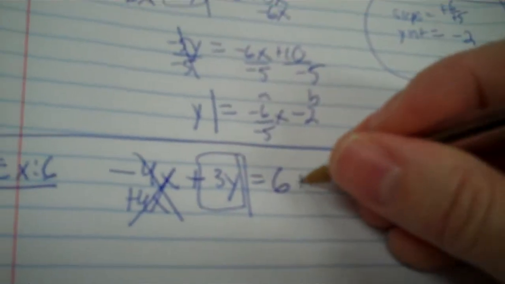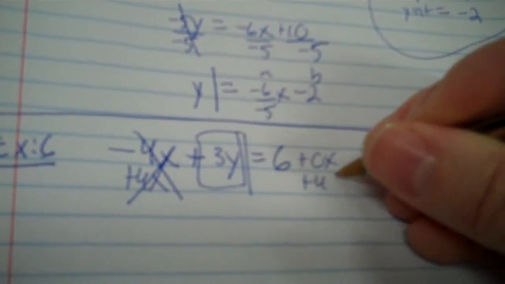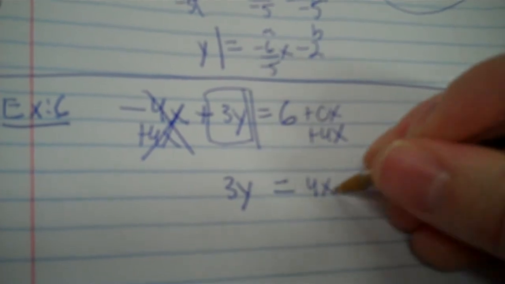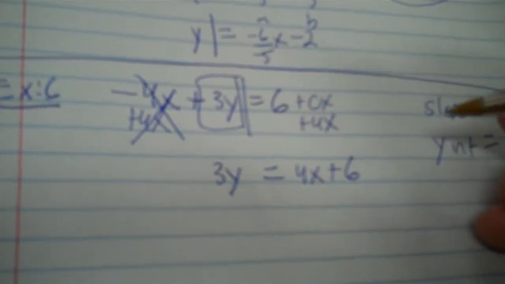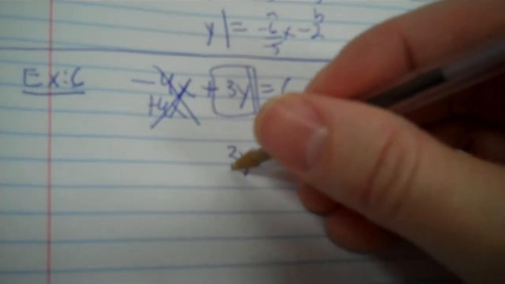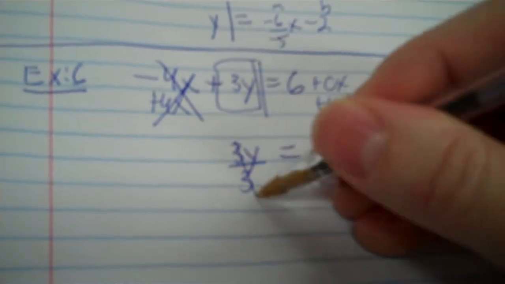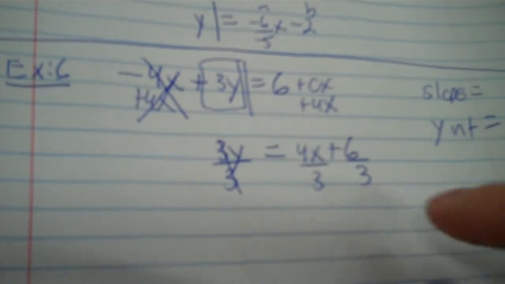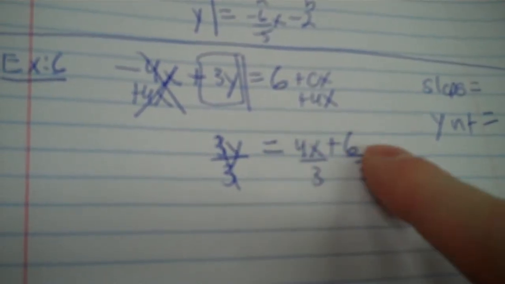The opposite of minus 4x is plus 4x. Then I put a 0x and I add 4x to that. So I have 3y. 0 plus 4 is 4x plus 6. Now the opposite of times 3 is divide by 3, and then we got to divide these by 3 separately. Okay? Don't add the x to the non-x number.